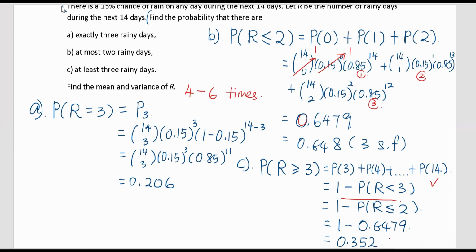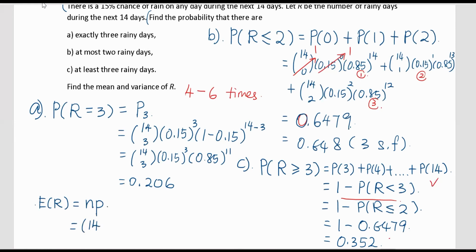Now we have a look at the last part. Find the mean and variance of R. So the mean E of R, which is the expectation, for a binomial distribution we just need to use this simple formula, np.